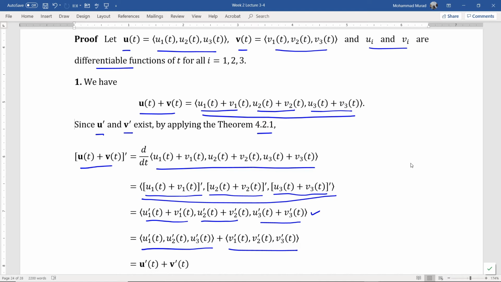The first vector we see is exactly the derivative of the vector function u, and the second vector here is exactly the derivative of the vector function v. So we proved the derivative of the sum of two vector functions equals the sum of their derivatives. This concludes the proof of 1.